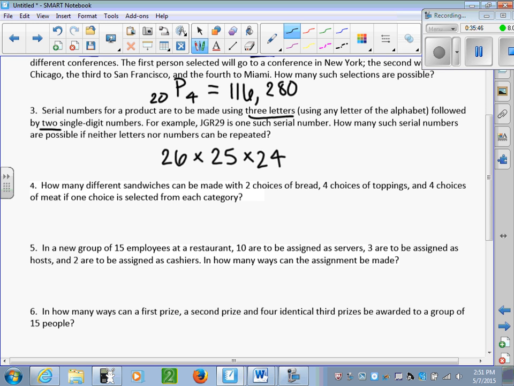Because 0 counts. So I have 0, 1, 2, 3, 4, 5, 6, 7, 8, 9. So I have 10 options for numbers. So when I first start, I have 10 options. After I choose one of those 10 options, I now only have 9 options because they can only be used once. They can't be repeated.